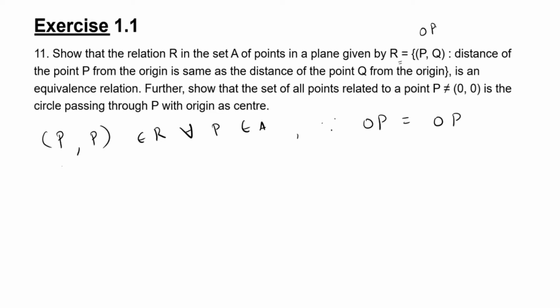That is, OP should be equal to OQ. Here if we take the point P, P, it belongs to R because OP is equal to OP, which means R is reflexive.